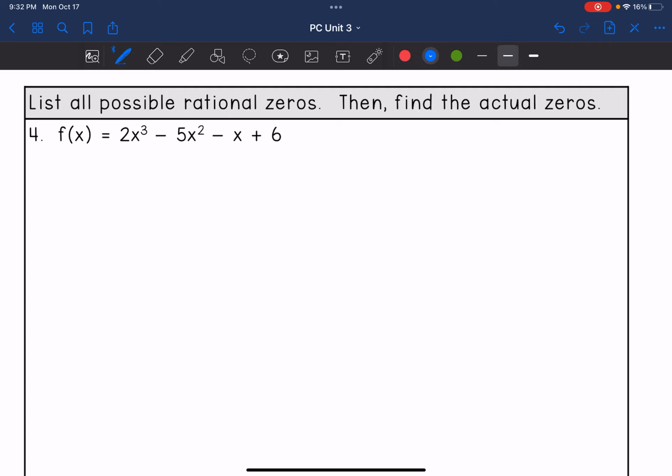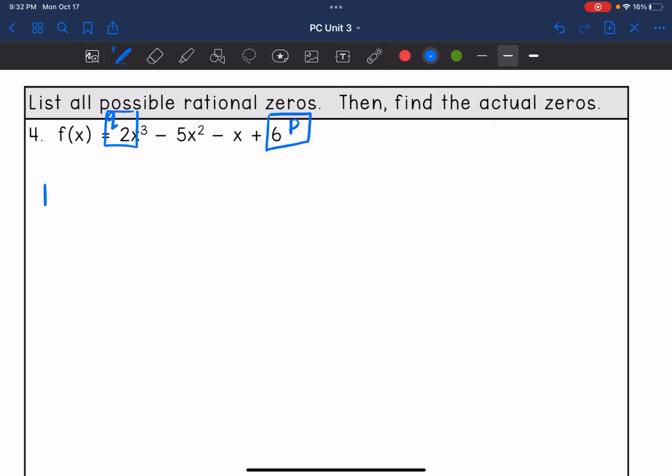So this is why we're going to use the rational roots theorem or the rational zeros theorem. So remember that the last number, 6, that is P. And the first number, 2, that is Q. So when we're finding our rational roots, we need to find all the factors of these.